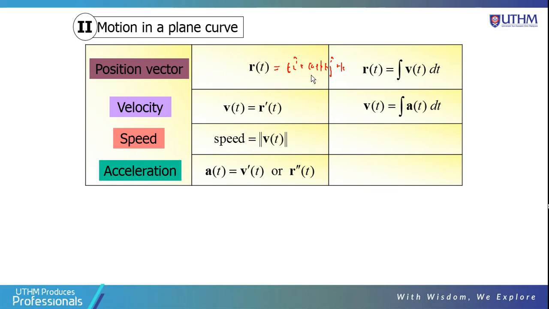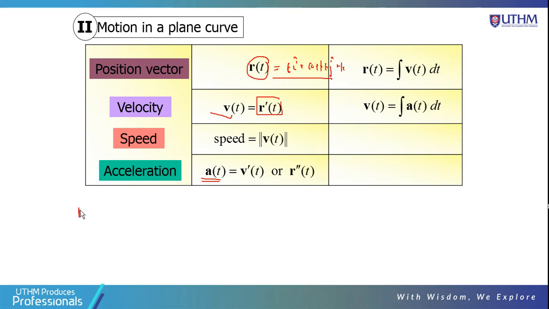From this you can determine the velocity by differentiating the position vector. Then you differentiate the vector function again, and you can determine the acceleration. This is how you determine the velocity and acceleration.